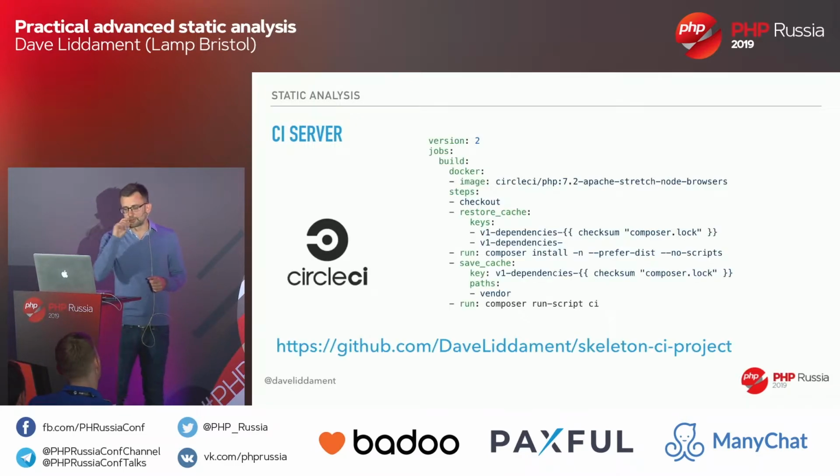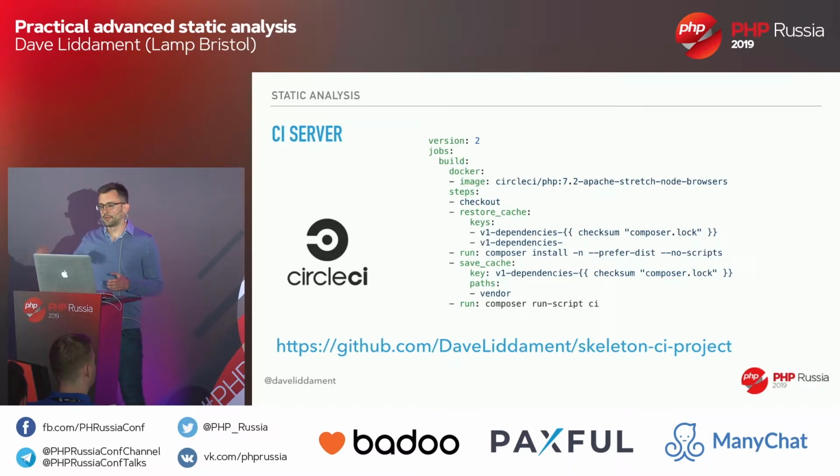Now, I'm not going to talk too much about CI. Ideally all this would get run every time you commit, but you also definitely want to run this every time you push your code up to your CI server. I have no association with Circle CI other than I use it. At the moment, it gives you 1,000 free build minutes per month. So if you're just starting out, it's almost free way of doing things.